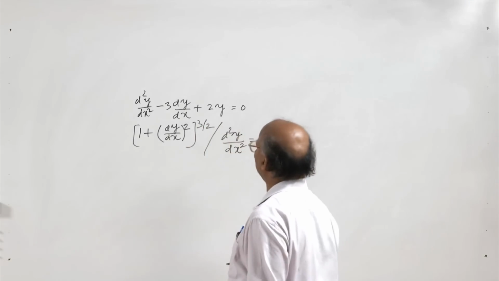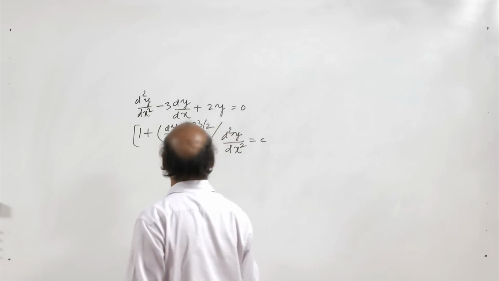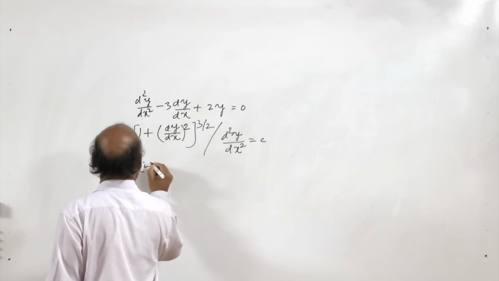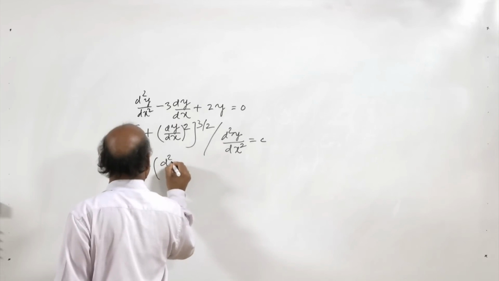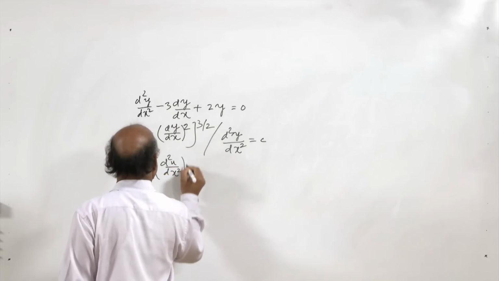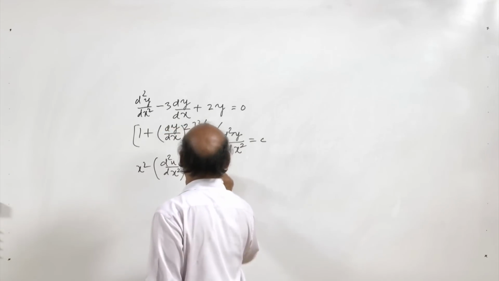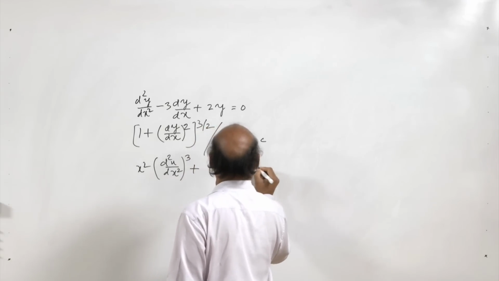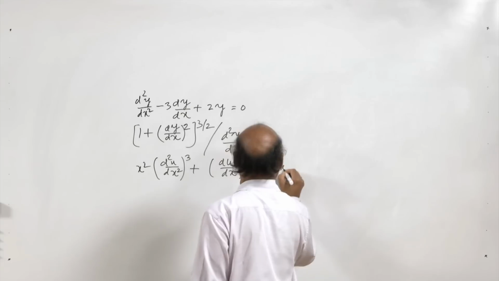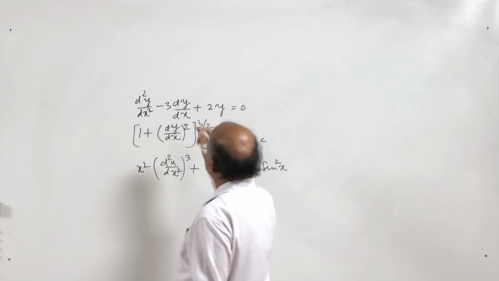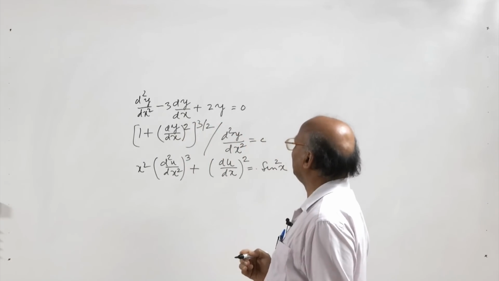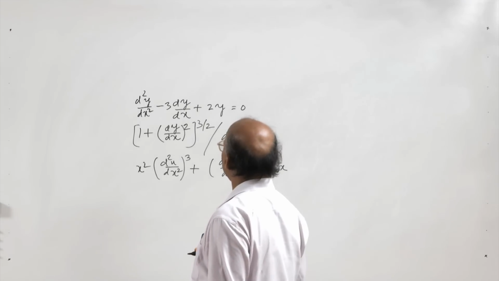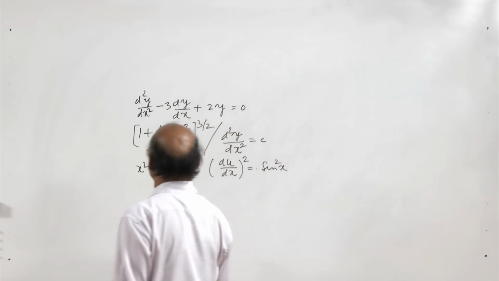Then (1 plus (dy by dx) whole square) raised to the power 3/2 over d square y by dx square equal to a constant, and then I may write, say, x square (d square u by dx square) raised to the power 3 plus (du by dx) whole square equal to sin square x. We can see that these equations involve the derivatives of the unknown functions y and u with respect to x. So, they are ordinary differential equations.